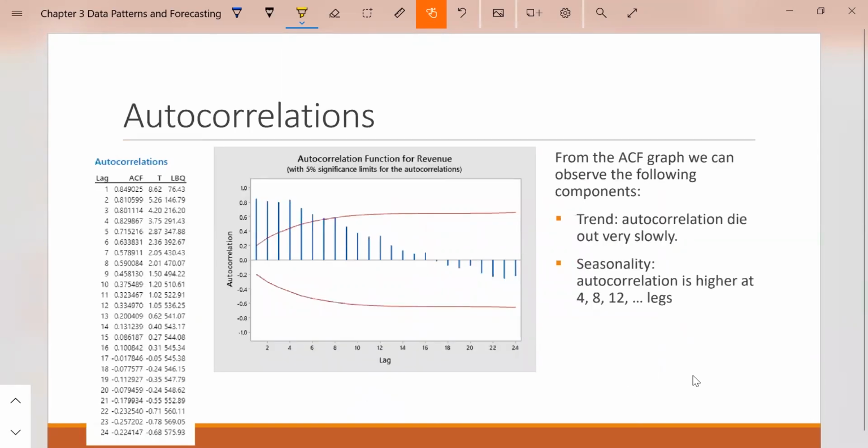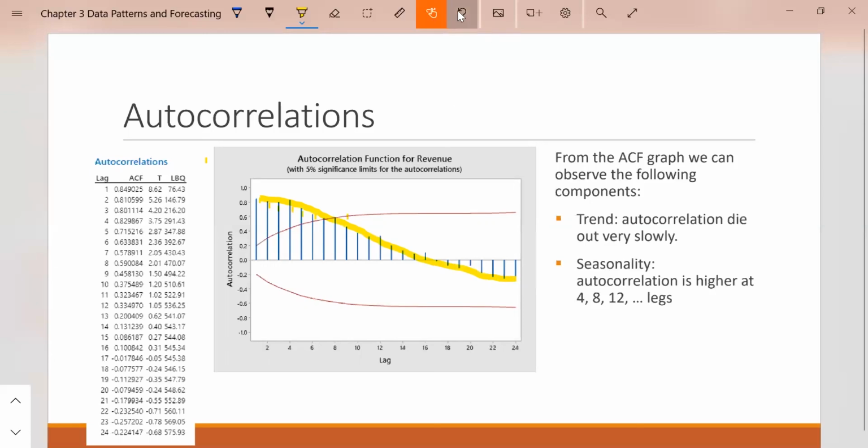So on this page, I provided the Minitab output for the autocorrelation coefficient table and also the ACF graph. All right, first of all, it is very easy to tell there's strong trend because for the first 1, 2, 3, 4, 5, 6 lags, they're all significant. The spikes are all higher than the red curve, meaning they are significant. And we also observe that the autocorrelation is decreasing gradually into negative.